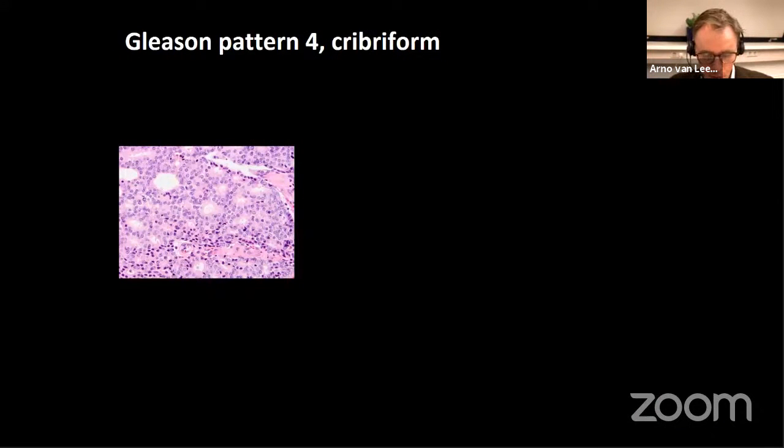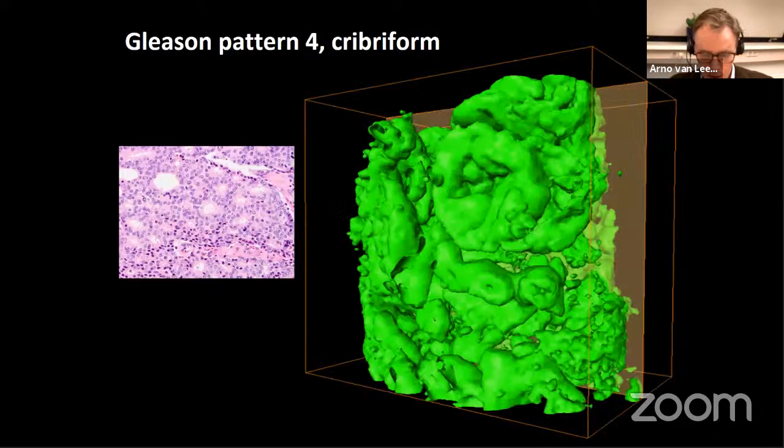Cribriform pattern looks entirely different. It consists of large snake-like serpentine structures composed of contiguous epithelial cells with regular lumina between the cells. Characteristic is that the vast majority of tumor cells do not contact surrounding stroma anymore.